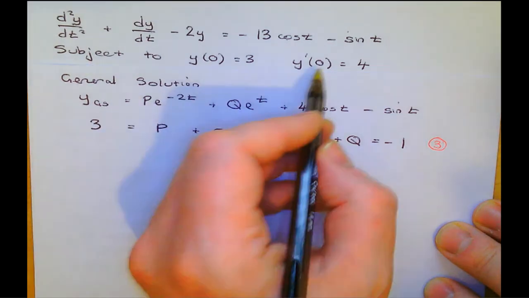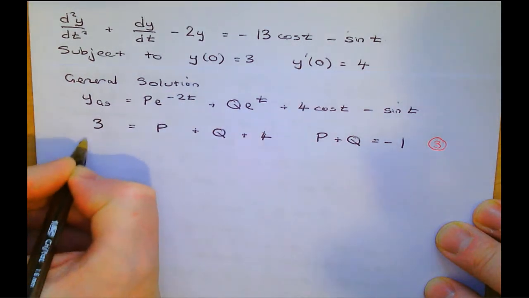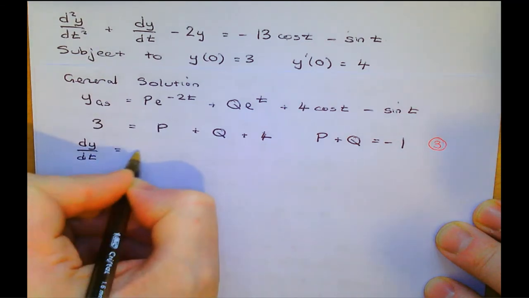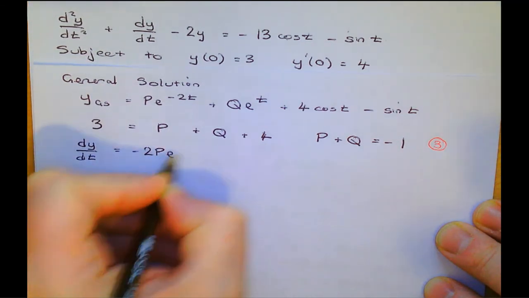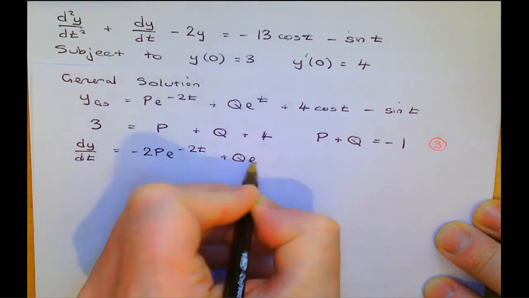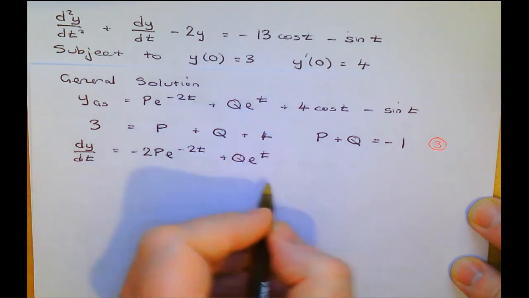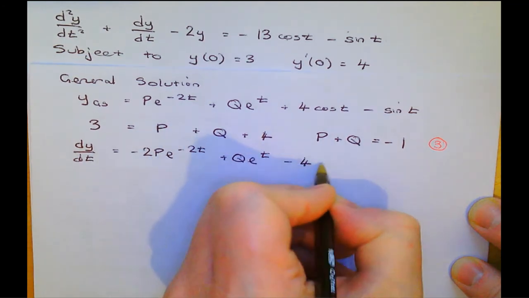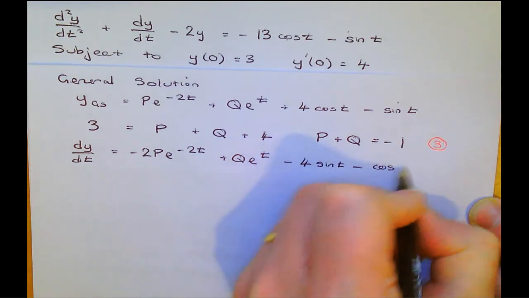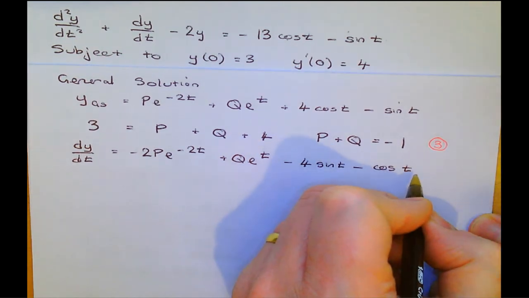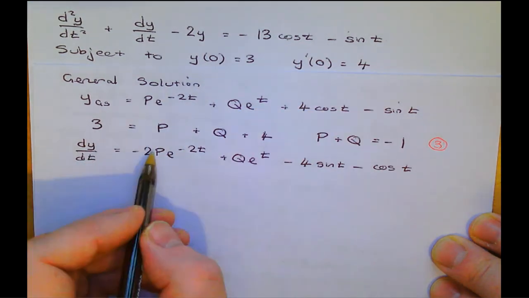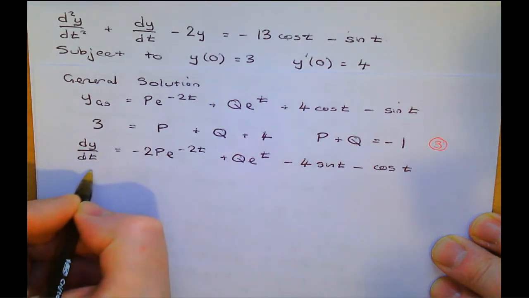Our second condition applies to the derivative. So dy by dt is minus 2p e to the minus 2t plus q e to the t minus 4 sine t minus cos t. So applying the condition that when t is equal to 0, this is equal to 4.